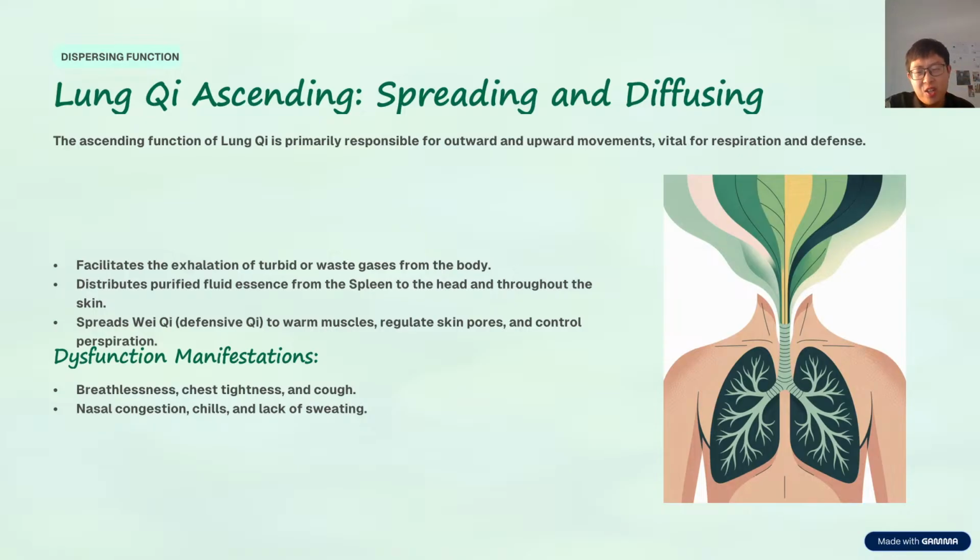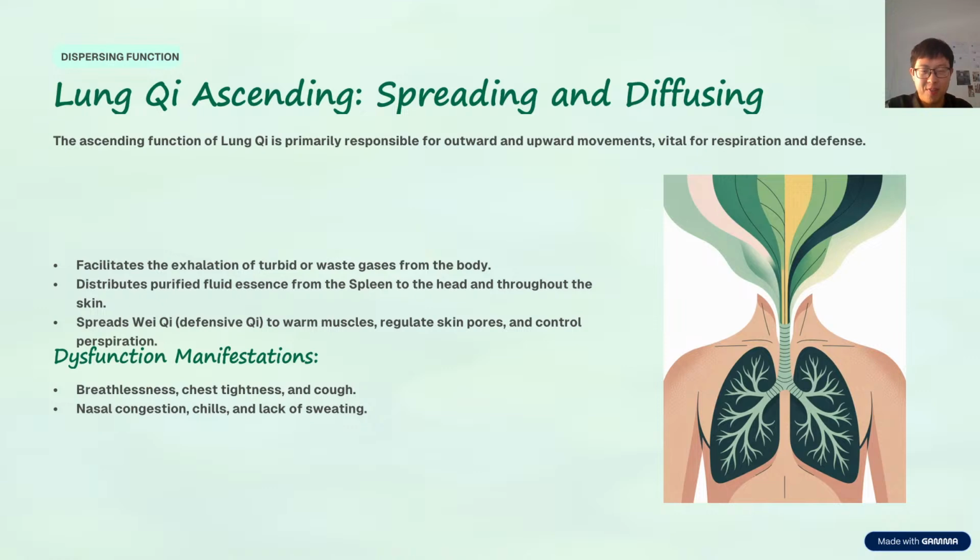If the lung energy fails to ascend, symptoms such as chest tightness, coughing, nasal congestion, and lack of sweating may appear. If the lung cannot ascend, it causes chest tightness because the bad air cannot be pushed out.